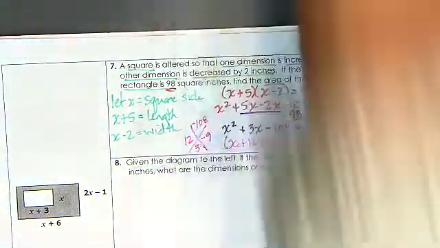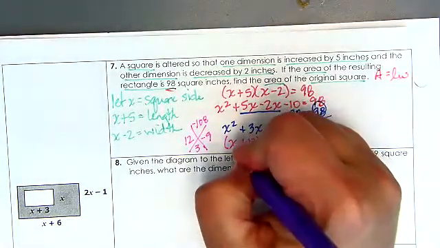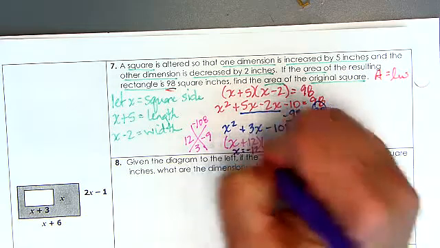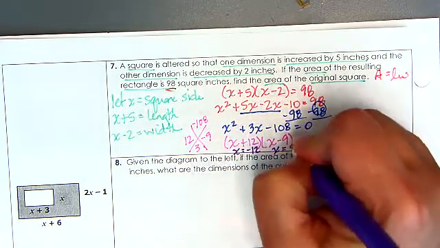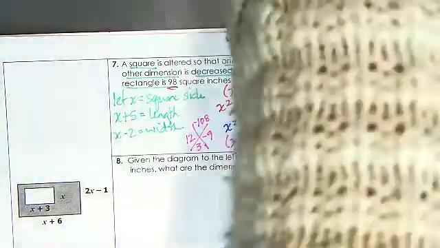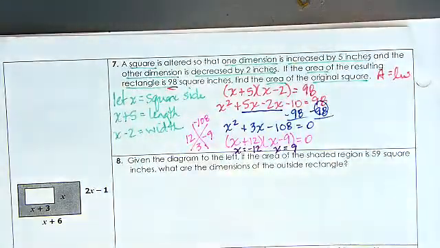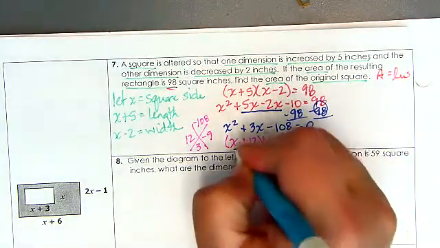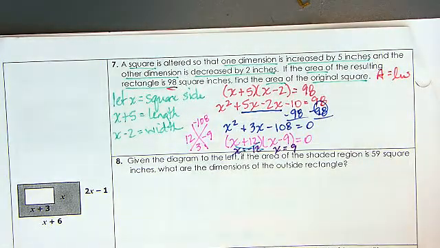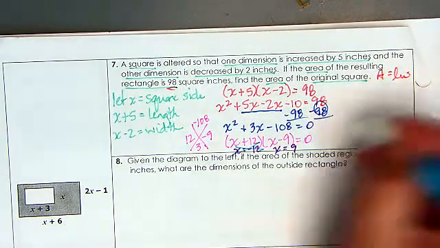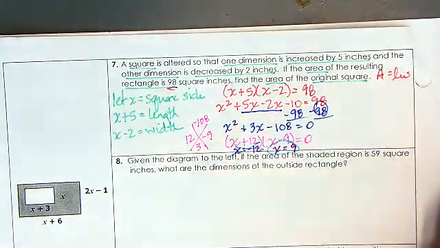This means x equals negative 12, x equals 9. But again, I can't have a negative measurement, so this one is out. So I'm just going to be using x equals 9.